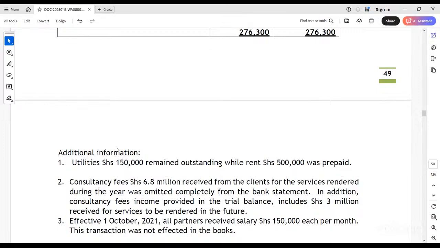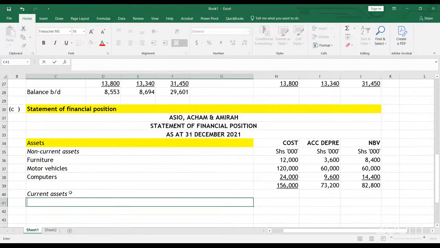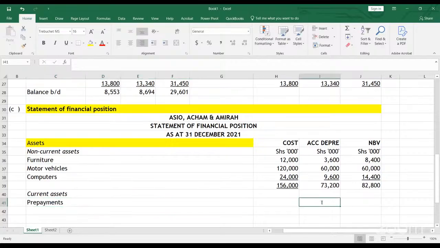You always have to look at the nature of the business, because this is an audit firm, so don't expect to see things like inventory purchases. So we have prepayment for rent, that is 500,000. The three zeros are up, we are rounding off.